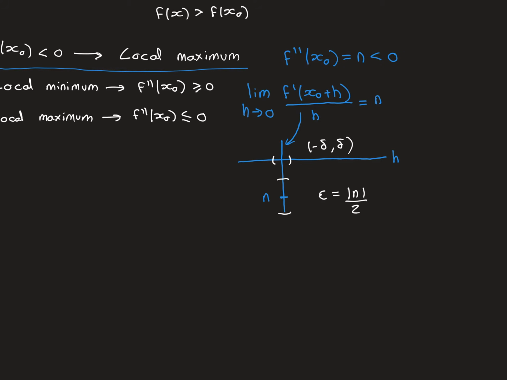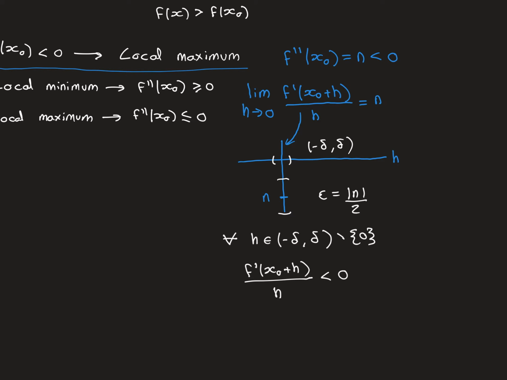And because this limit exists, I am guaranteed that there must exist a delta interval from negative delta to delta, such that for all the points in that delta interval apart from h equal to 0 itself, if you look at this quotient, firstly it exists, and that's important. It's guaranteed to exist, and therefore the first derivative evaluated at x0 plus h for any of these h's in this delta interval must exist, and it's mapped into this epsilon interval here, so it exists and it is negative.